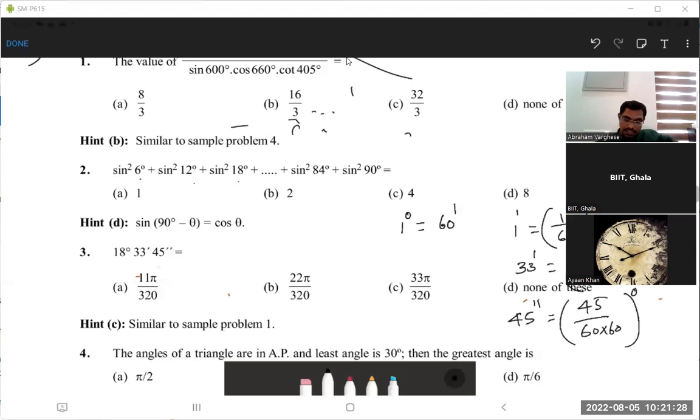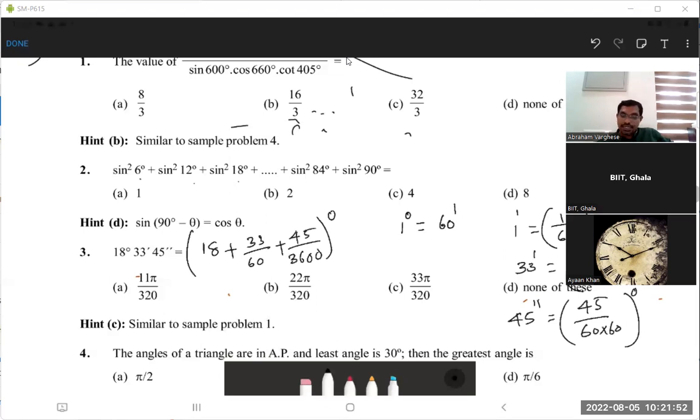Therefore, 18 degree 33 minute 45 second will be equal to 18 plus 33 divided by 60 plus 45 divided by 3600 degree. So this is in degree.